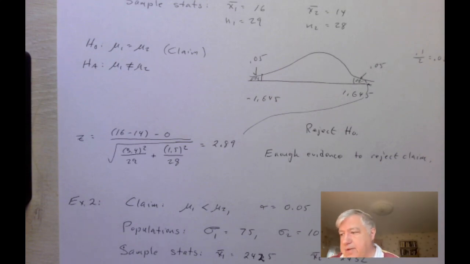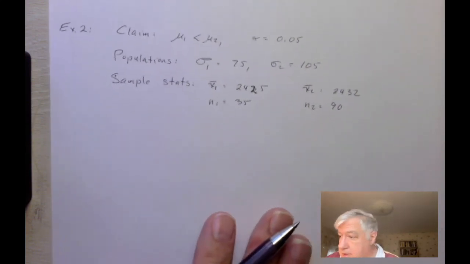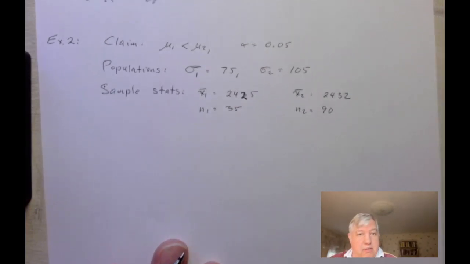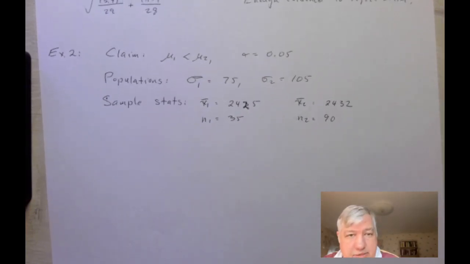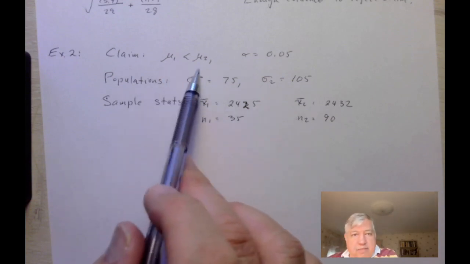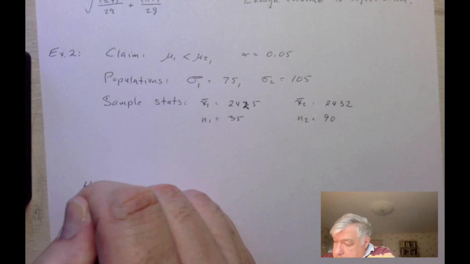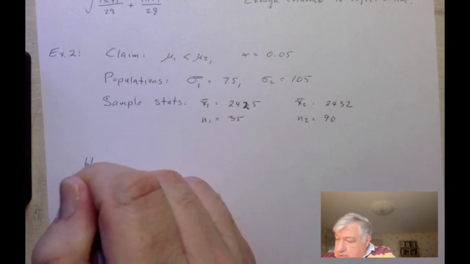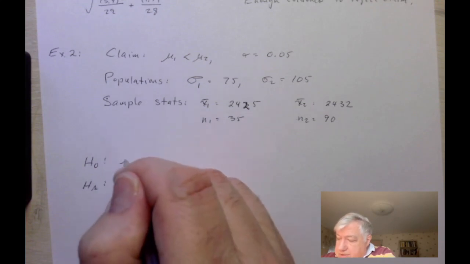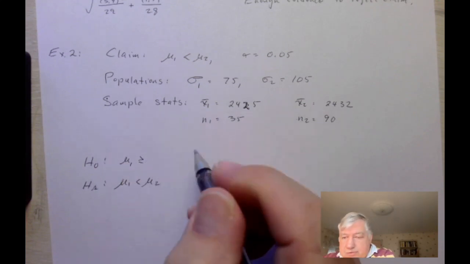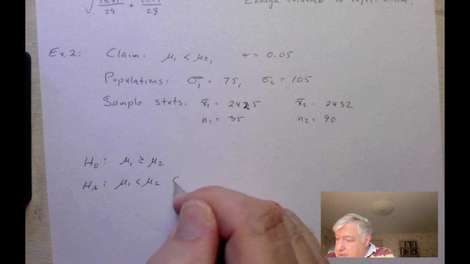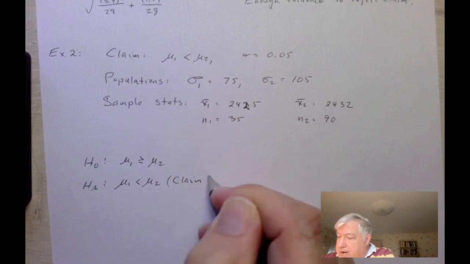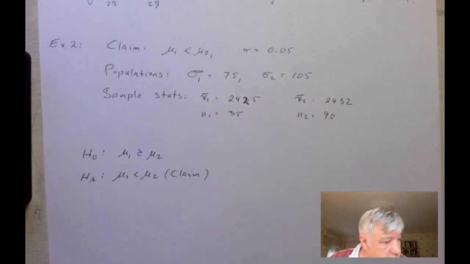Let's look at the next example. Here, our claim has strict inequality in it, so we know this has to be the alternative hypothesis. Our null hypothesis, the opposite of this, is mu1 greater than or equal to mu2, and the alternative hypothesis is our claim.